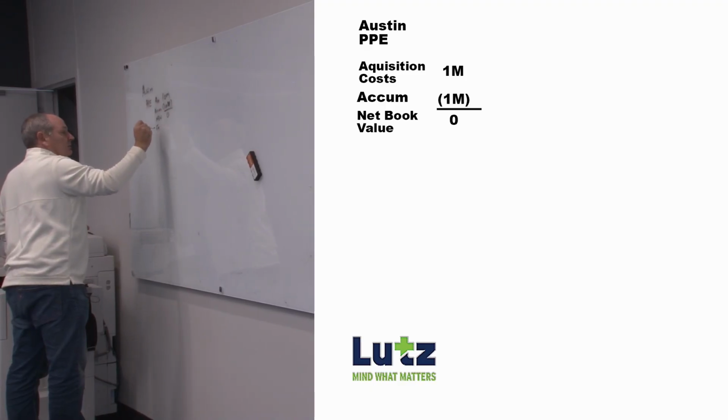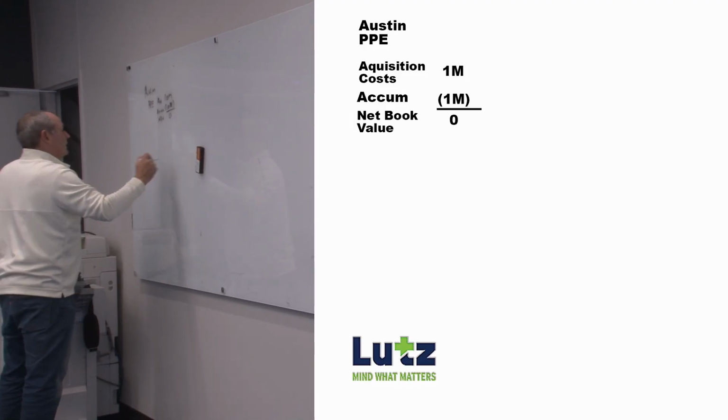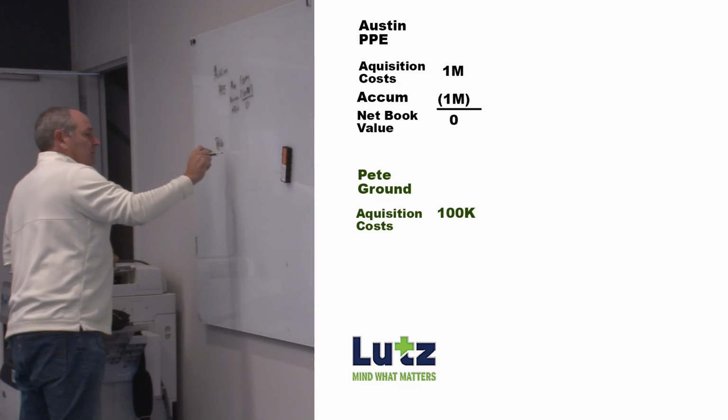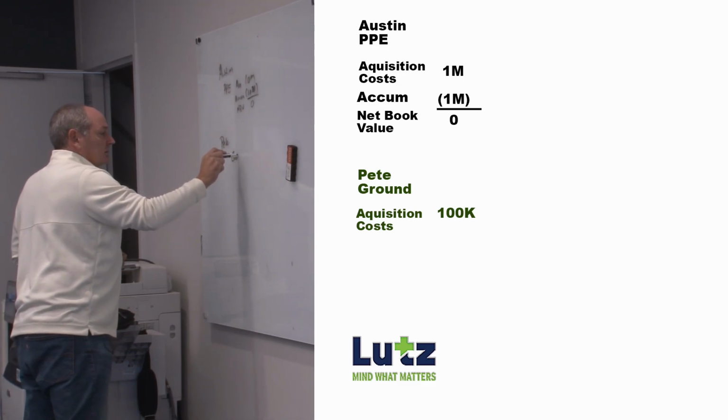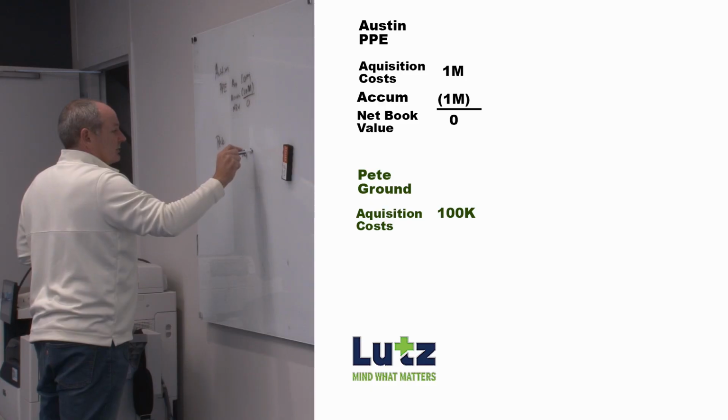Fair market value, well, we'll leave that out for a second. And we have Pete with ground with acquisition cost of $100,000. Let's leave it at that.